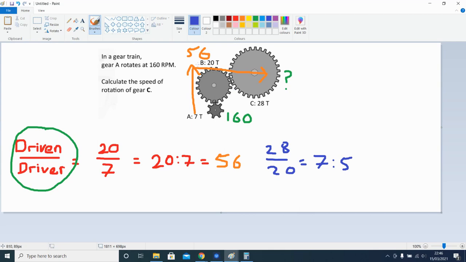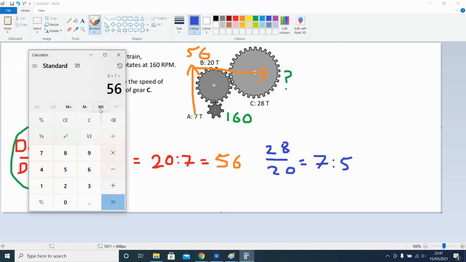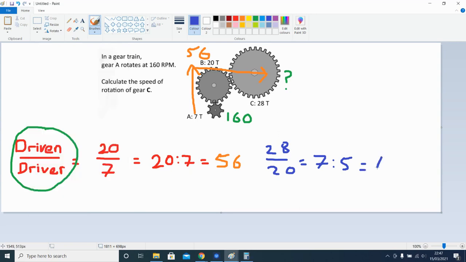So if a ratio of 7 is 56, 5 will be going slower than that. There's our 56 from before. Divide that by 7 equals 8, multiplied by 5 equals 40. And that there is the same answer, 40 RPM.